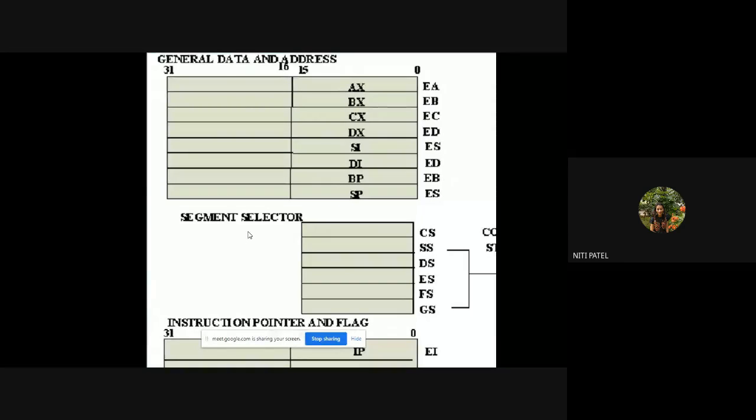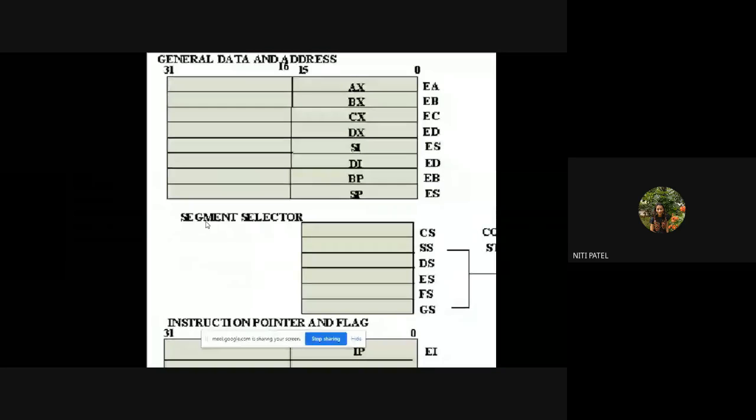Okay. For segment registers, we had only 4 in case of 8086, of 16 bits. But in 80386, we have 6. All 6 are given a prefix E, and since we have added the prefix E, the size is also changed from 16 bits to 32 bits. Then we had an instruction pointer of 16 bits in 8086.